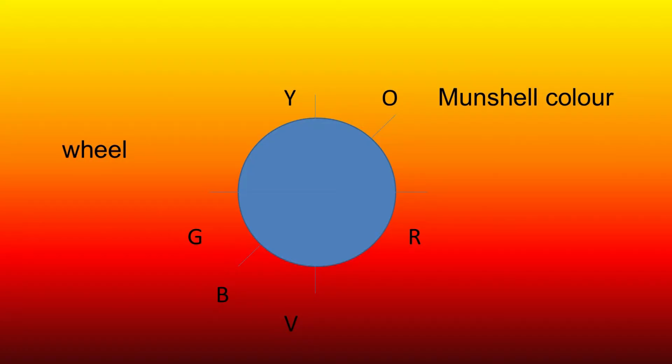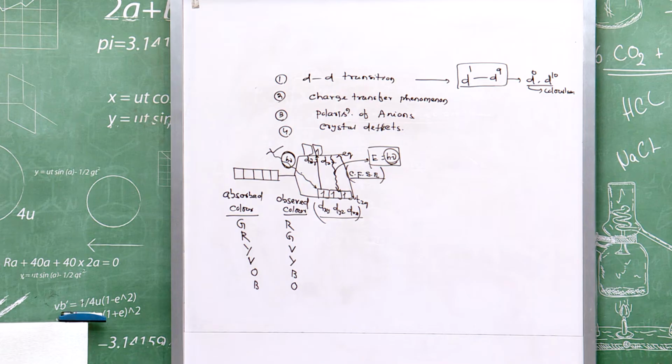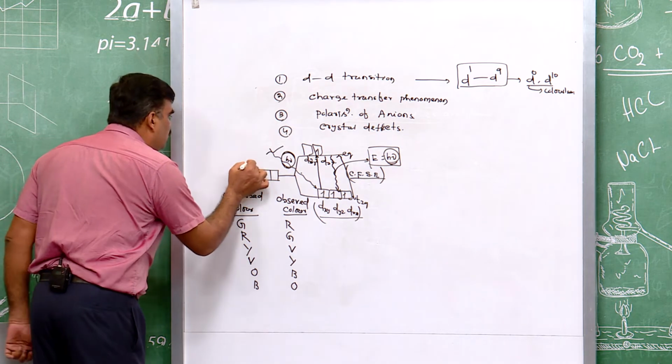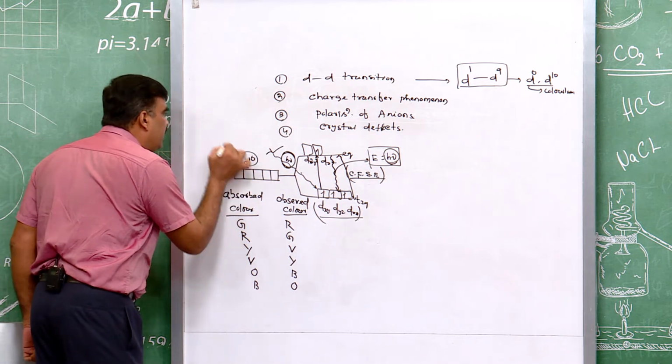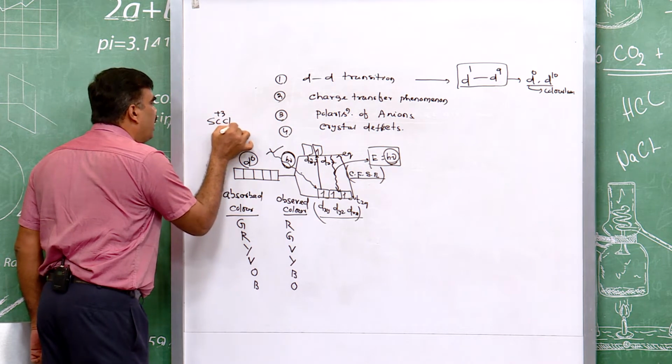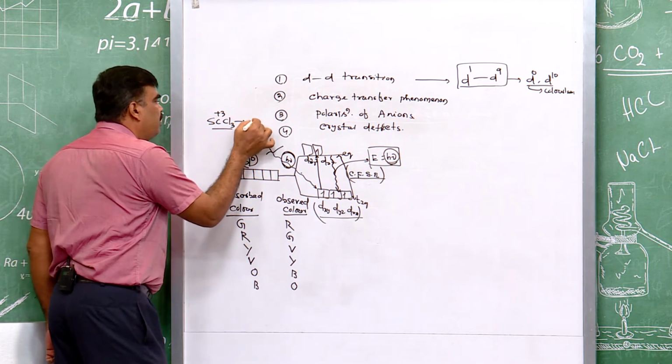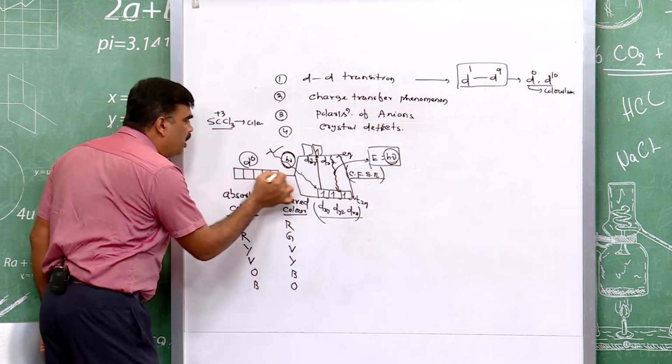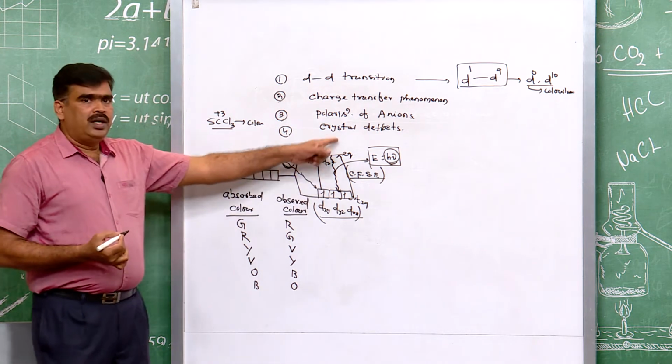It is only possible if a transition metal contains d1 to d9 electrons. On this basis, if any transition metal has a d0 configuration, which means there is no electron in the d subshell, like scandium plus 3 cation in scandium chloride, it is colorless because there is no d electron present, so no d-d transition is possible.